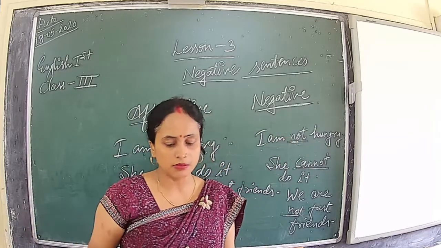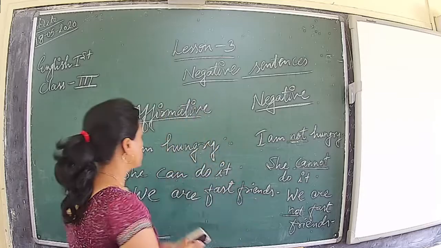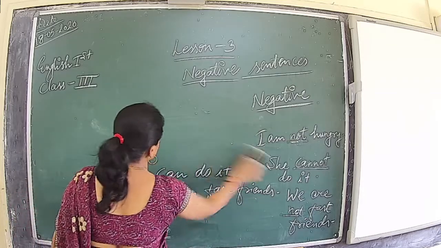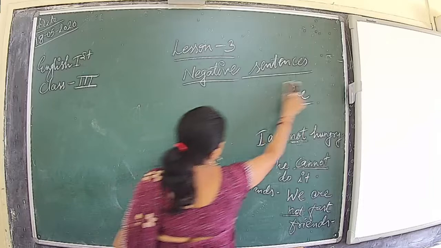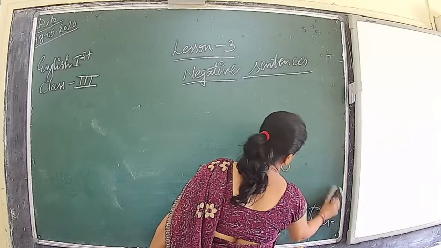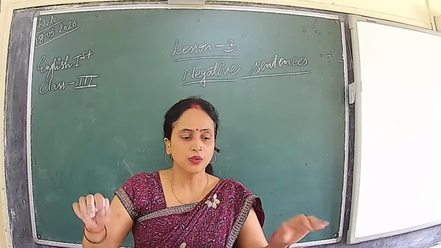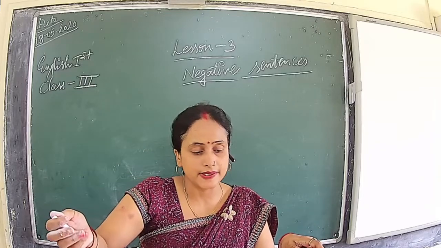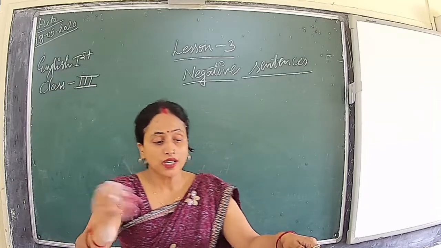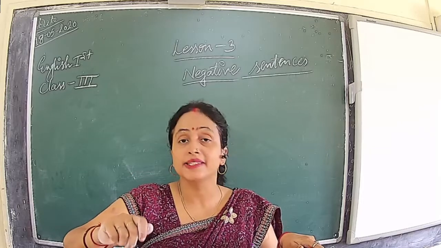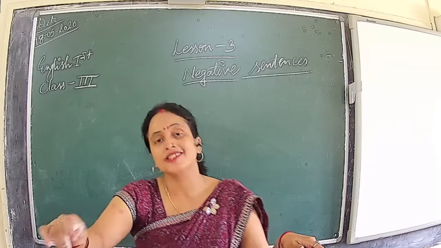Now we'll see more about it. See here, now we'll see some more sentences. But what is the change here? The negative sentence in the present continuous or past continuous tense.